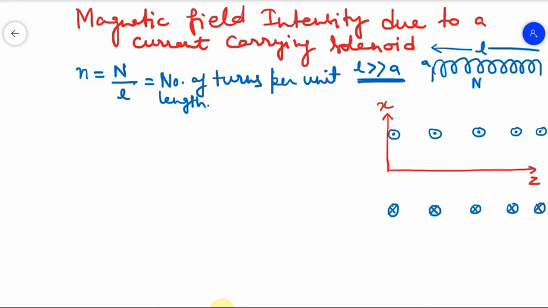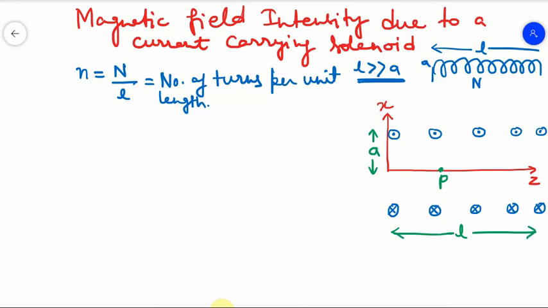Okay, and let us consider a point P at which we have to calculate the intensity due to this current carrying solenoid, and this is the radius. Obviously this one is the radius and this one is the length of this solenoid.